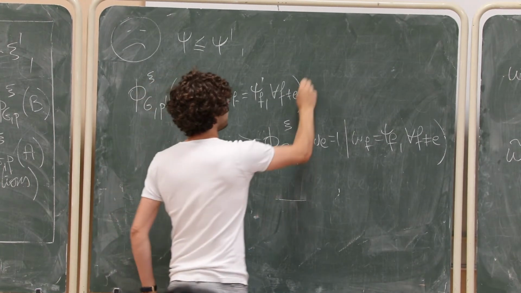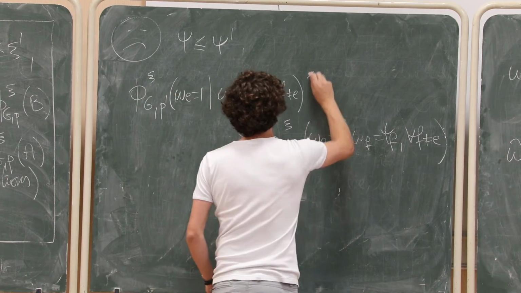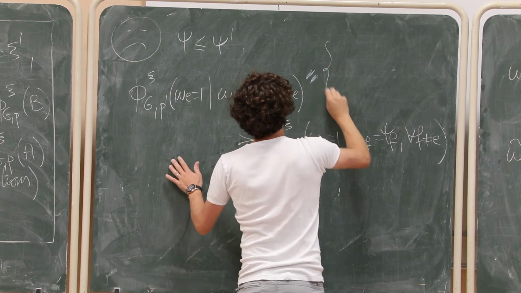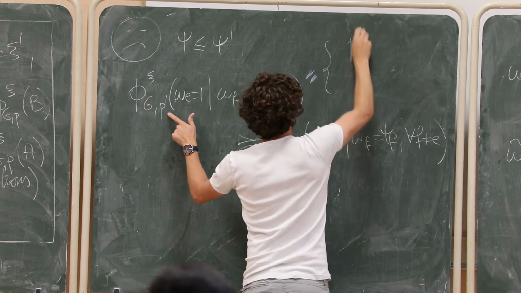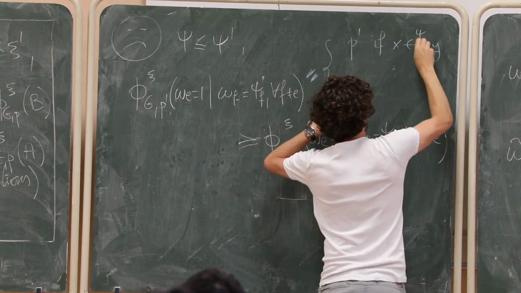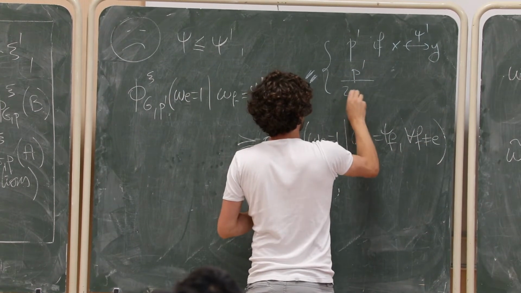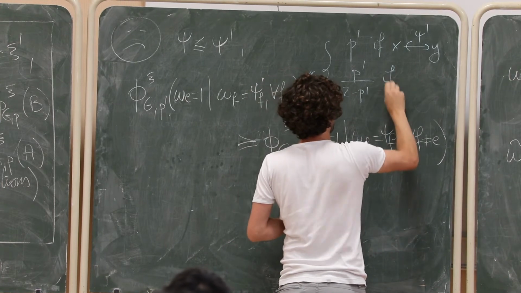Okay, this is equal to what? Well, we said this is equal to either p prime if x is connected to y in psi prime, or p prime divided by 2 minus p prime if not.